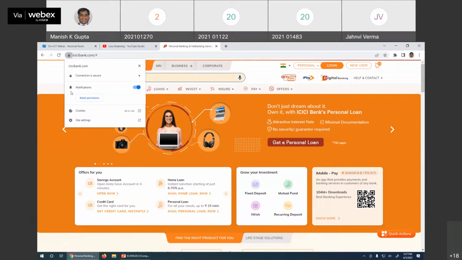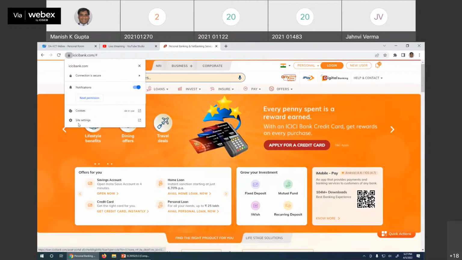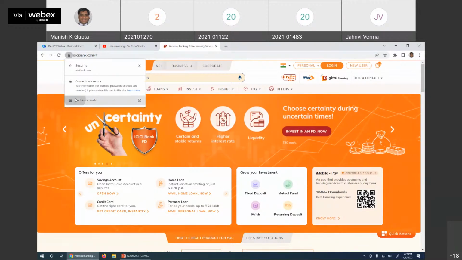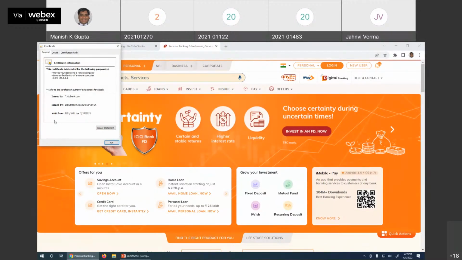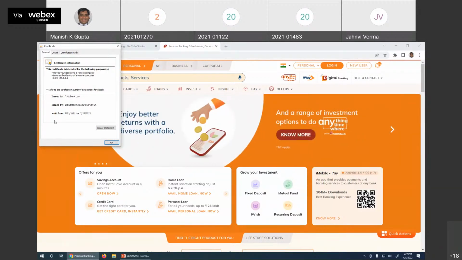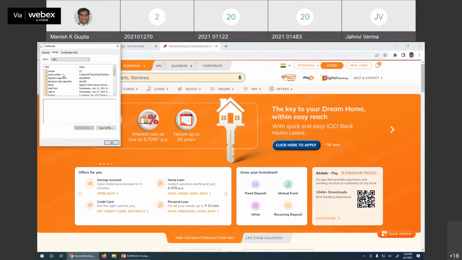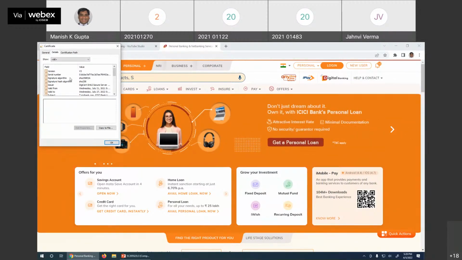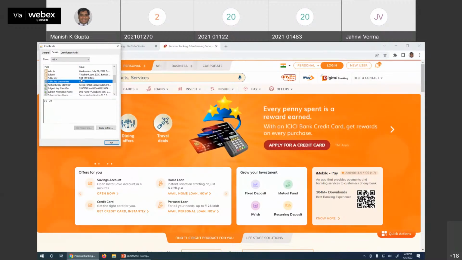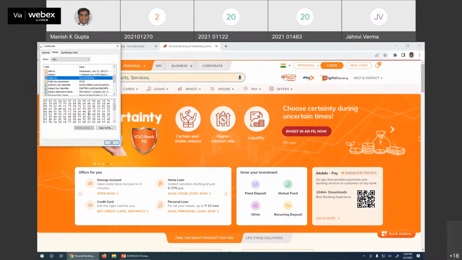Let me see if I can see the certificate here. You see these numbers? This is the beauty of this lock.